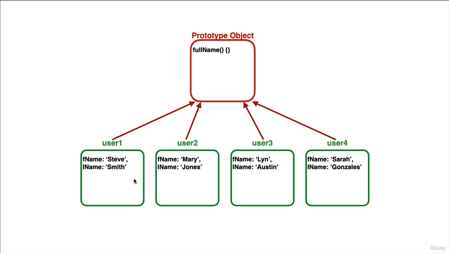Based upon what we described, the JavaScript engine is going to find that property on the user1 object. It won't need to pull it from the prototype object. So this is another powerful feature of prototypes. We can have properties on the prototype object and we can override them on the individual local objects. So this provides the flexibility that we're looking for.